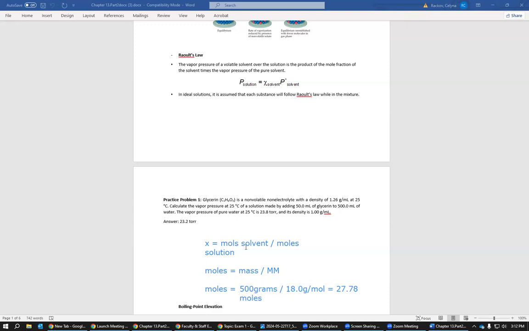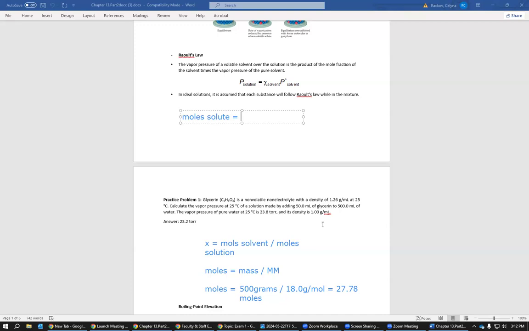Right? Okay, now let's do the same for the solute. Let me go here on the top. I'm going to use this area here. So the moles of the solute: you have 50 milliliters of glycerin, right?